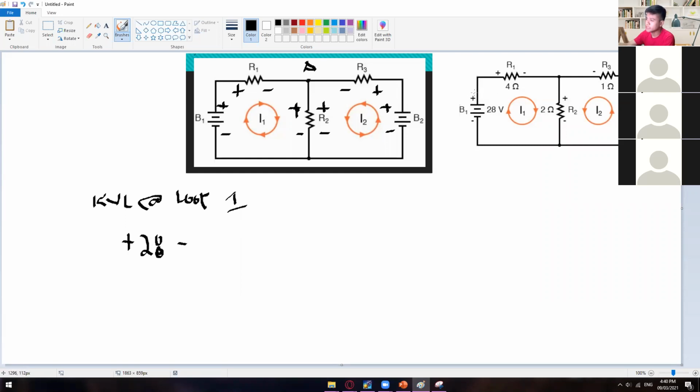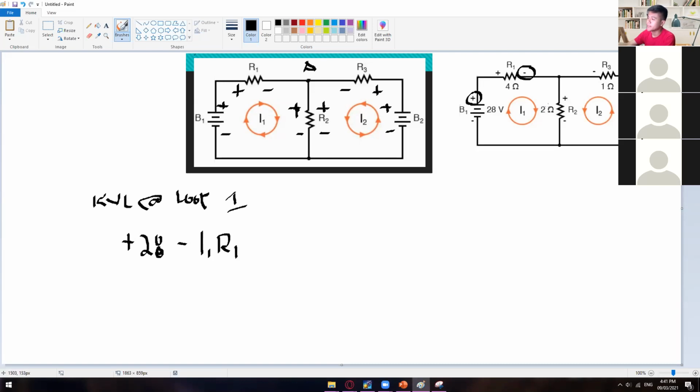I always consider the last sign. Once you've started considering this one, always be consistent. So if you started with the first symbol, then you must be consistent with the other components, so it should be the first symbol also. But in my case, I always get the last sign. So it's positive 28 minus I1 times R1.